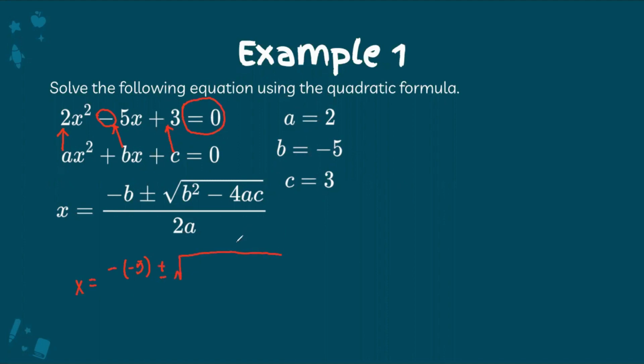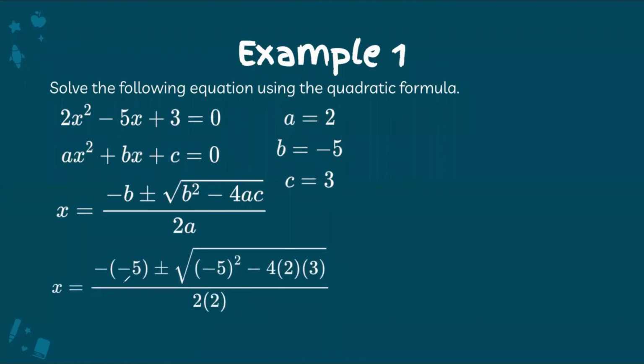Again, our b value is negative 5, so I'll go ahead and put our negative 5 in parentheses, minus 4, and then times your a value. Your a value in this case would be positive 2, and your c value would be 3. And then that would be all over 2 times your a value, which is positive 2. And so now you can simplify this out.